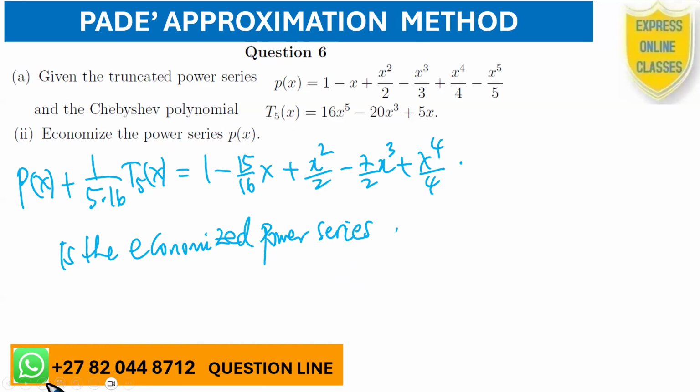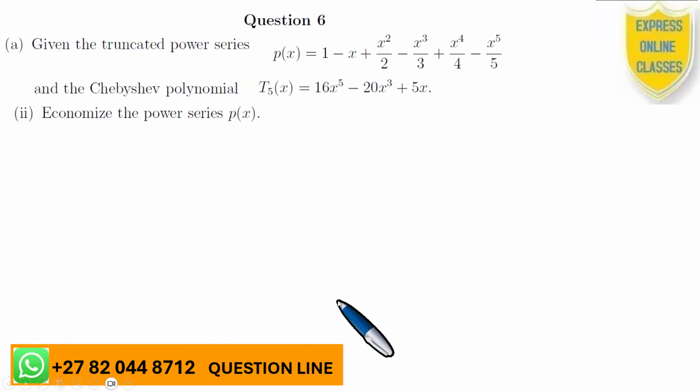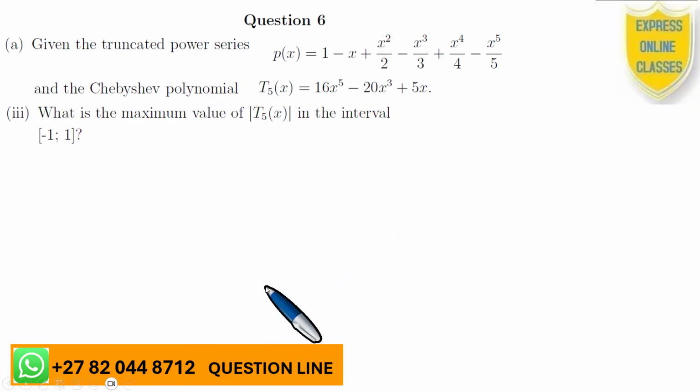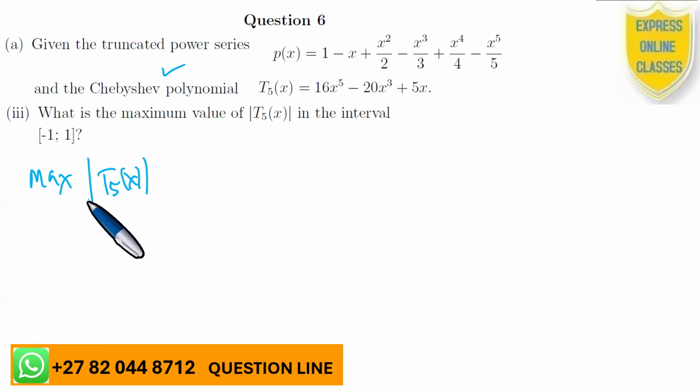Next question. I want us to look at the next one. In the next case, we're saying what is the maximum value of the modulus of the Chebyshev polynomial? What is the maximum value of the modulus of T sub 5 of x in the interval minus 1, 1? So to find this, we want to find the maximum value of the modulus of T5 of x.